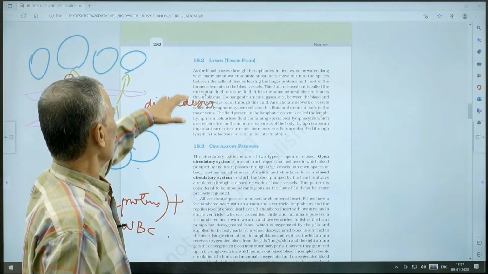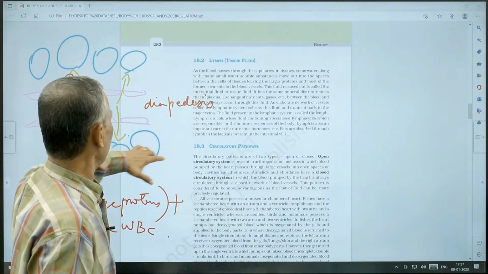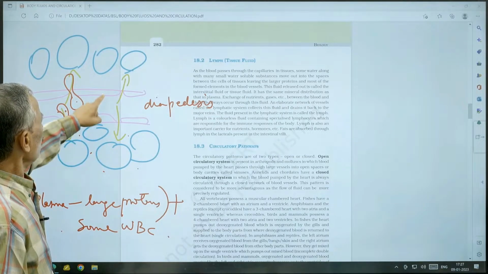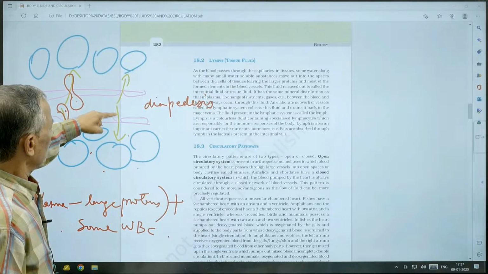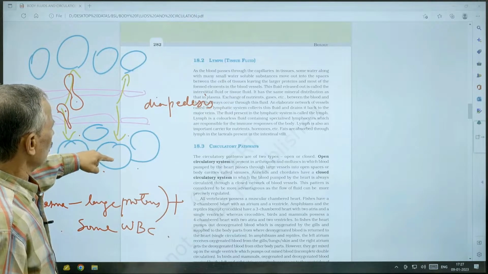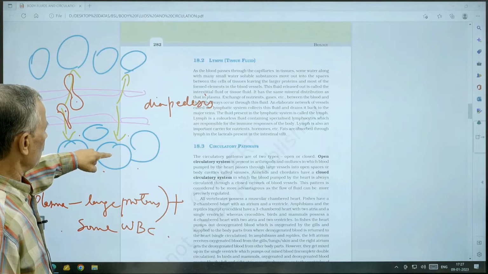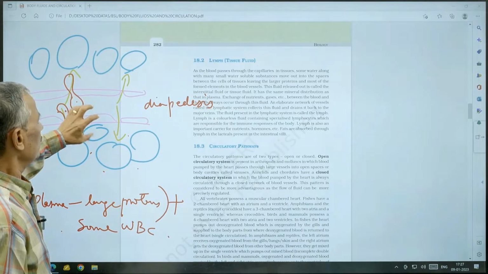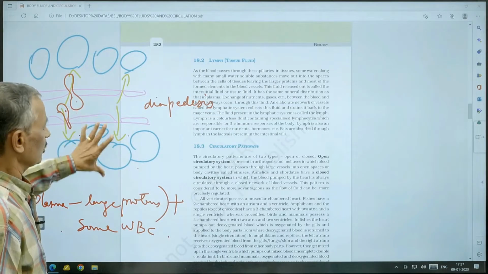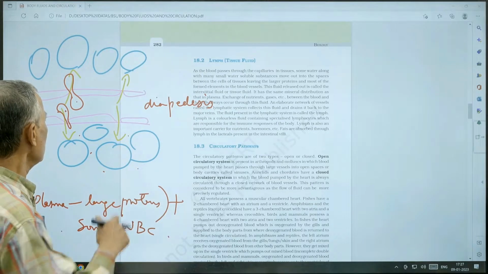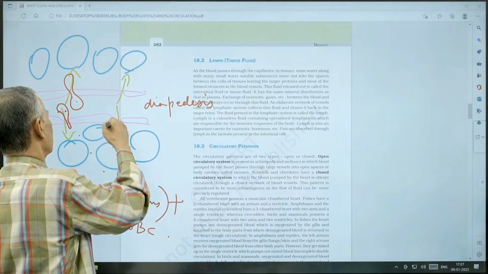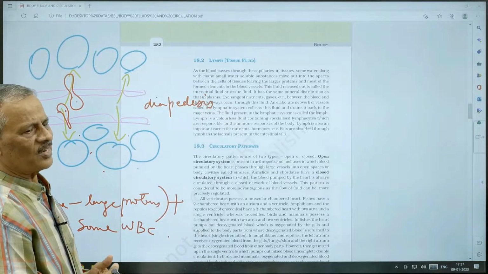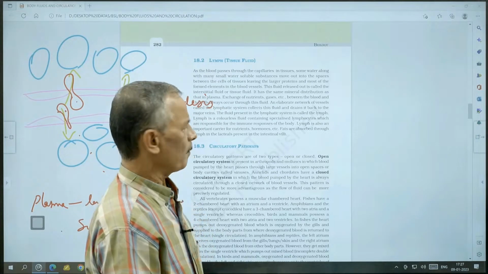And what is the function of the lymph? Lymph acts as an agent in between tissue and the blood. Anything that is brought by the blood first enters into the body fluid, and only then enters into cells. Similarly, components which are to be sent out, like waste material, carbon dioxide, etc., from the tissues, first enter into the intercellular fluid, then enter into the blood. So it acts as a middleman. That's number one function.